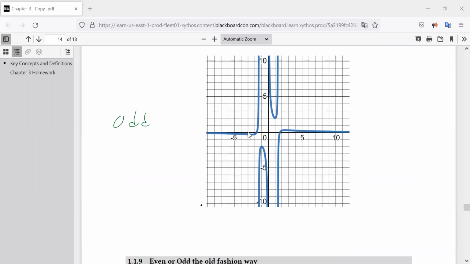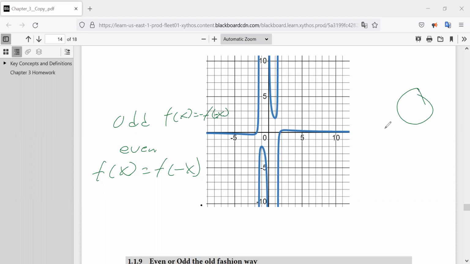If I'm going to ask you something, it's going to be functions, because the actual definition is not this pictorial definition. It's f of x is equal to f of negative x for even, and for odd it's f of x is equal to negative f of negative x. So that's not actually defined if I just give you a circle, right? Because that's not a function.